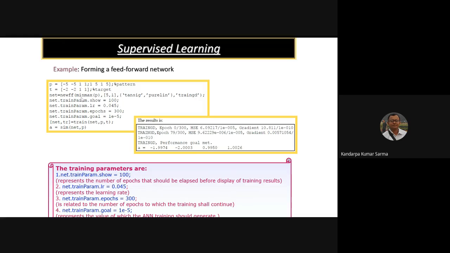Now this min max will be returning a matrix that will have the minimum and the maximum range of values that the pattern vector will have. Here we need to tell the network beforehand that you are supposed to deal with values in this particular range. Now next particular thing is 5.